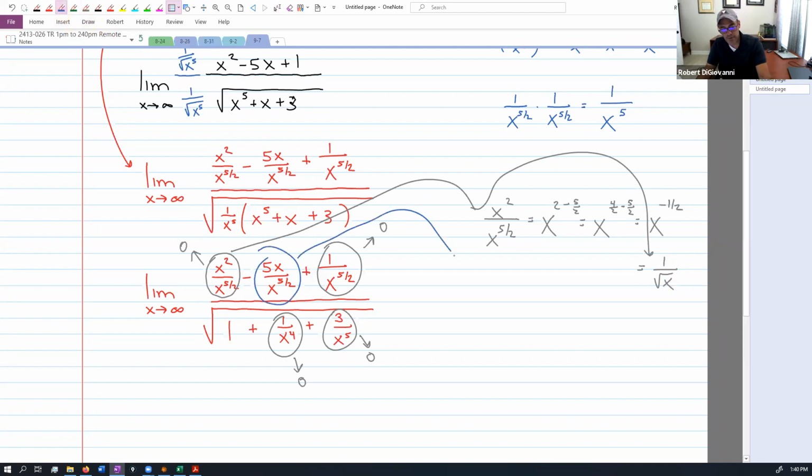Go convince yourself over here that 5x over x to the 5 halves should be 5x to the negative 3 halves, which is the same as 5 over the square root of x cubed, which again is fixed over infinity. So that one will go to 0.